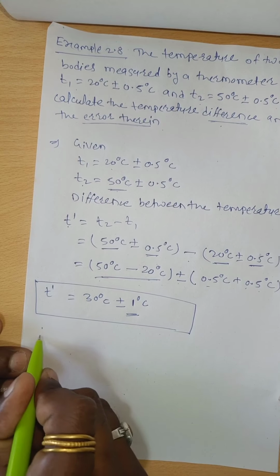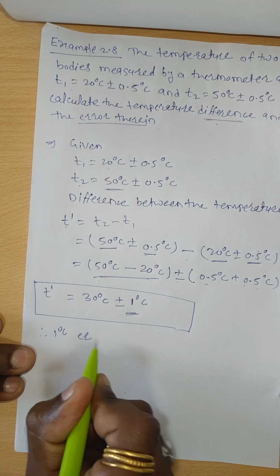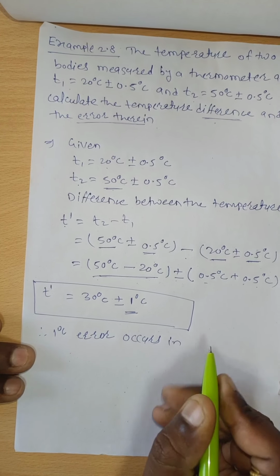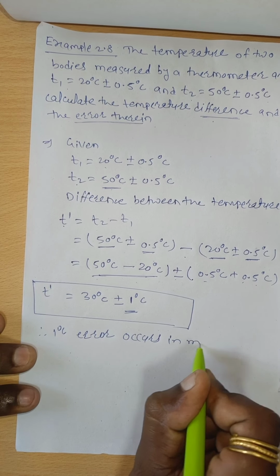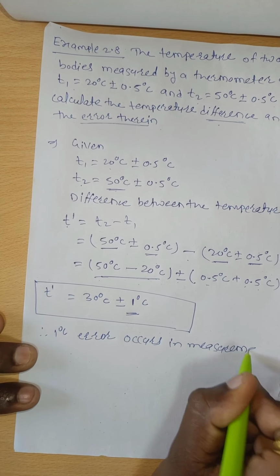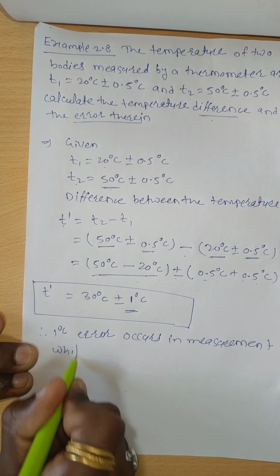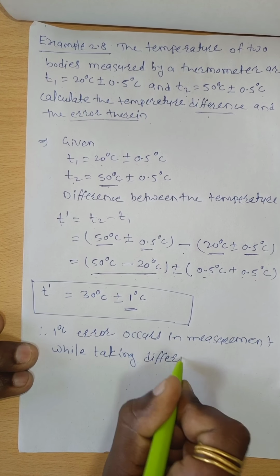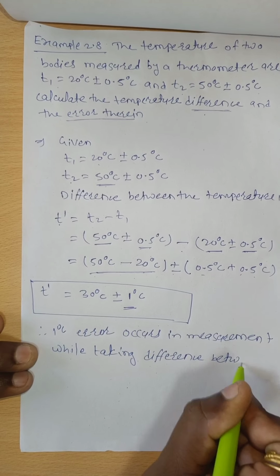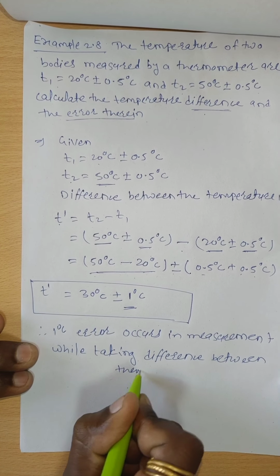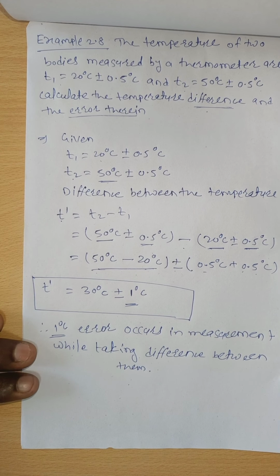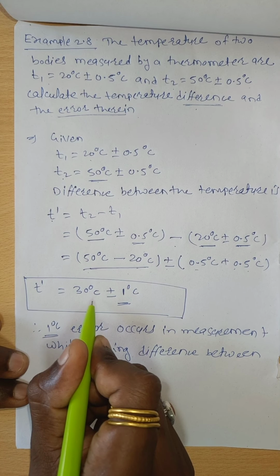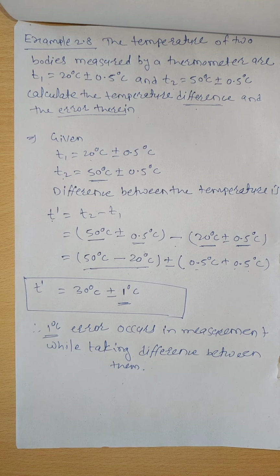Therefore a 1 degree Celsius error occurs in the measurement while taking the difference between them, and the difference between them is 30 degrees Celsius plus or minus 1 degree Celsius.